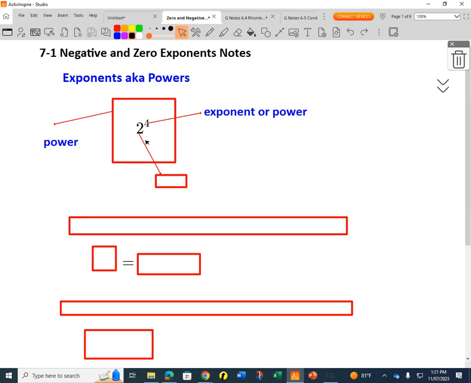So the entire thing is called a power. The 4 in the top right-hand corner, that's an exponent, and we can also call that a power. That's why we read it 2 raised to the 4th power, or just 2 to the 4th power. The big number is the base.